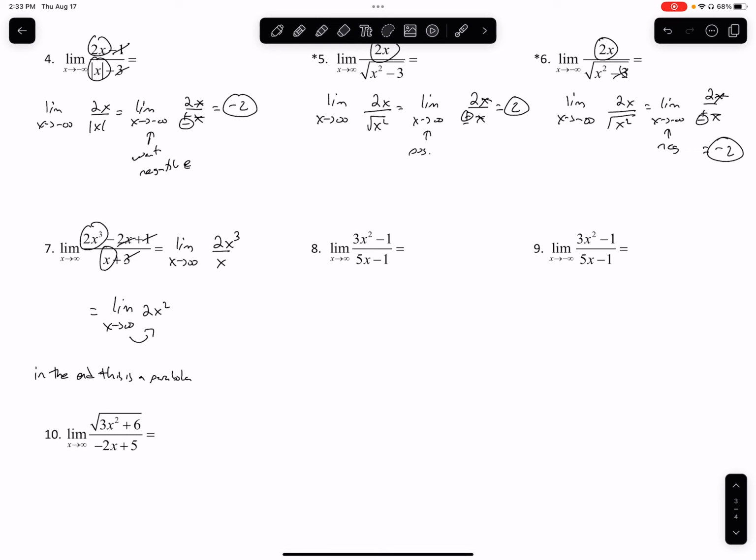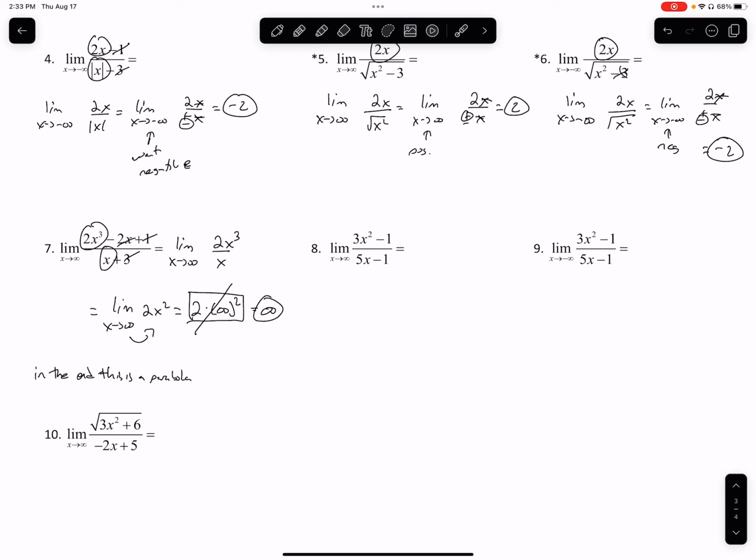It's kind of like when you did your slant asymptotes, or your oblique asymptotes, when you did rational functions. If I plug this in, I'm going to get 2 times infinity squared. Don't ever write this. We don't write that, but we can do that mentally by saying, oh, that's just infinity. 2 times infinity is just infinity.